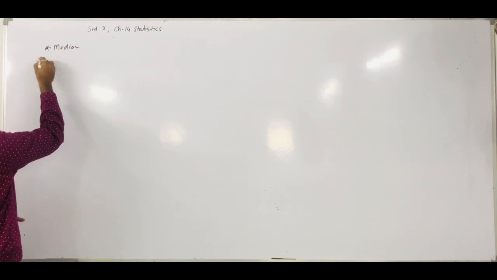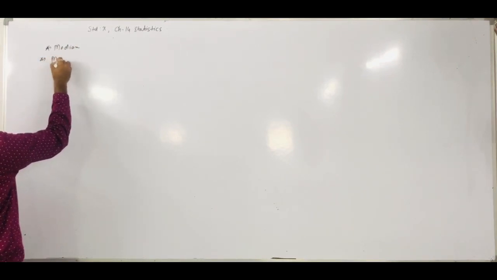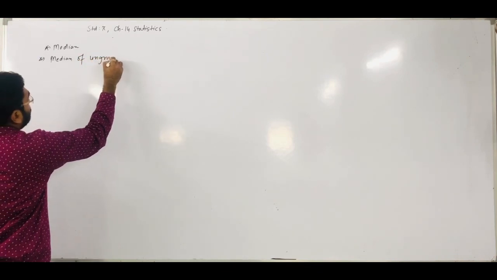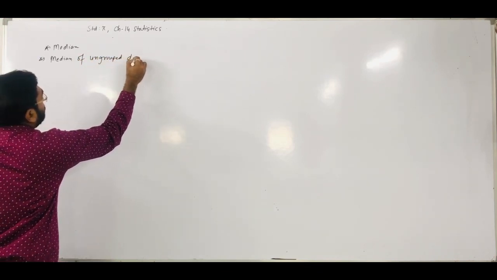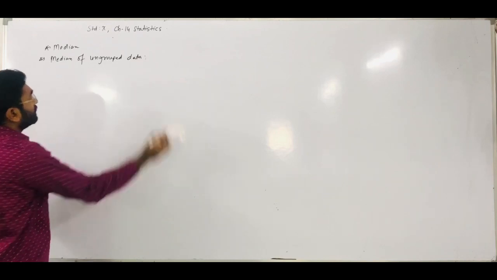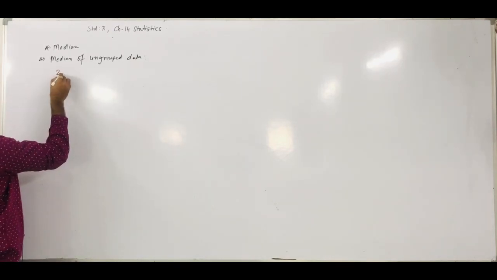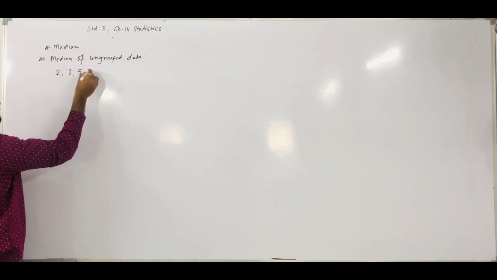Now first of all we discuss the median of ungrouped data, which you already studied in 9th standard. Suppose I take the example 2, 3, 5, 7 and 11.